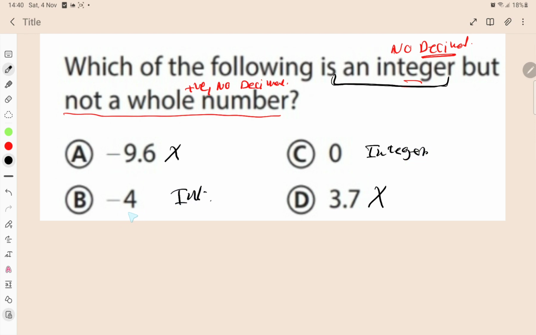It's negative, but it has no decimal. So the question now is, we want the one that is not a whole number, that is not positive, which is negative 4. Negative 4 is a negative number, so it can't be a whole number.